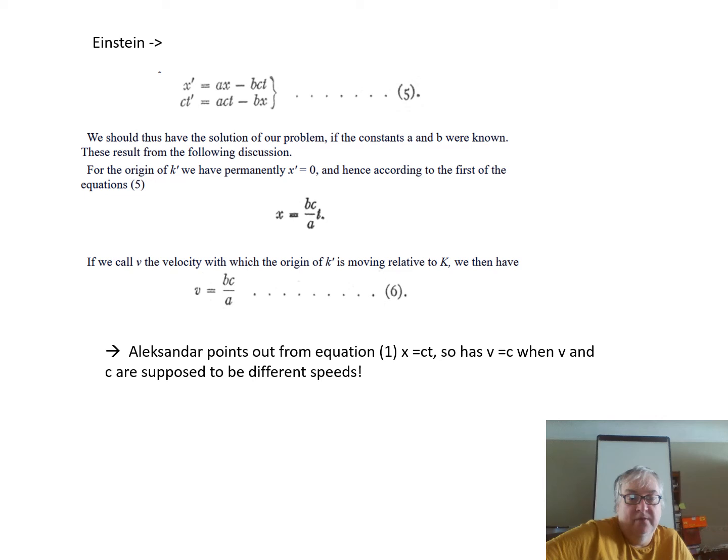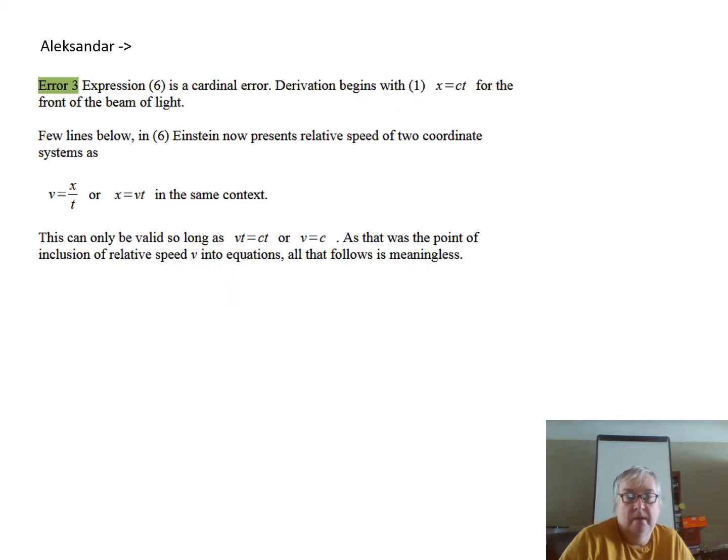Alexander points out from equation 1 x equals ct, so he's now suddenly having v equals c, when v and c are supposed to be different speeds. Alexander further clarifies it as what he's calling error 3. Expression 6 is a cardinal error. Derivation begins with the equation 1, where x equals ct for the front of the beam of the light.